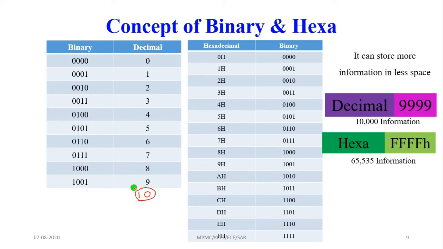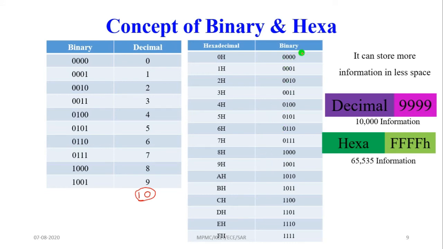It can stop here because 10 would be represented by 2 digits. It is not possible in this microprocessor representation. That's why we go for the hexadecimal representation. In the hexadecimal representation, the binary number changes from 0040 to 41.